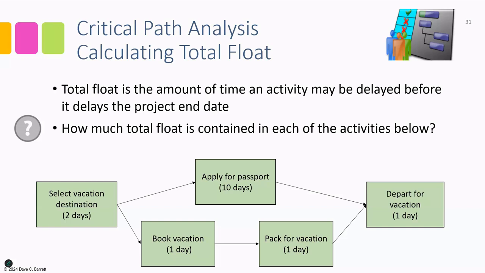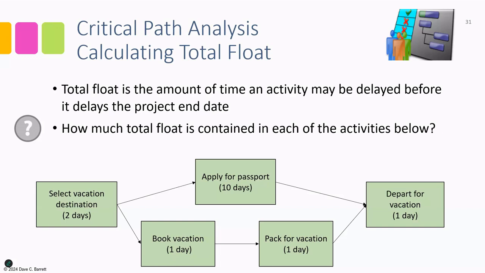Okay, so first of all, to do that, there are 5 different answers we're going to find here. Each activity contains a certain amount of total float, which is the amount of time that may be delayed before it delays the project end date. Now, a simple answer for some of the activities is that any activities on the critical path have 0 days of total float.